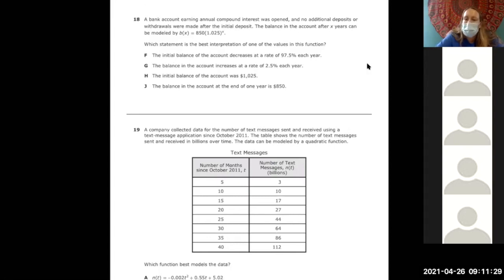So let's talk about this problem, okay? When we have compound interest, that is y equals A times B to the X, okay? A is the number outside of the parentheses, B is the number inside of the parentheses, and X is your exponent always, okay?